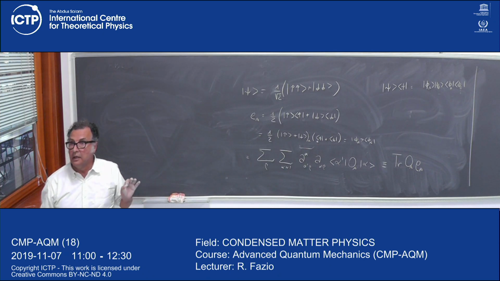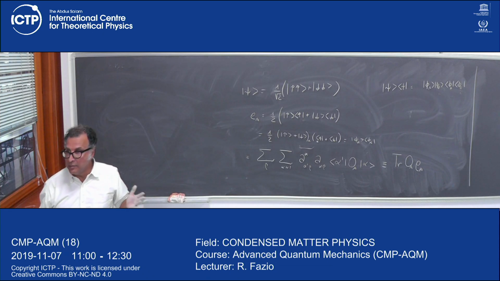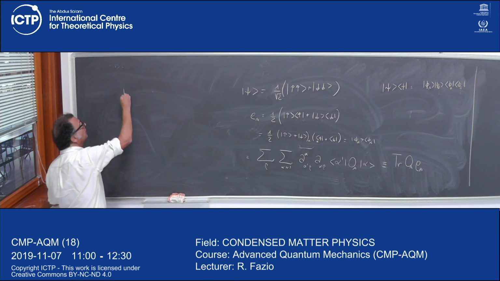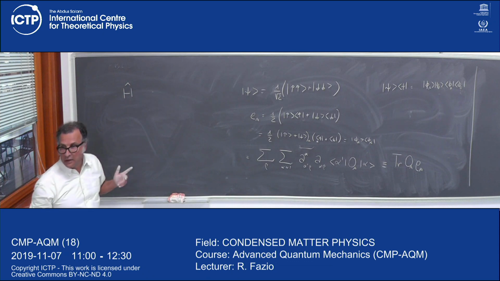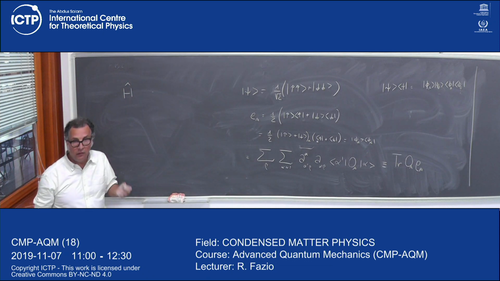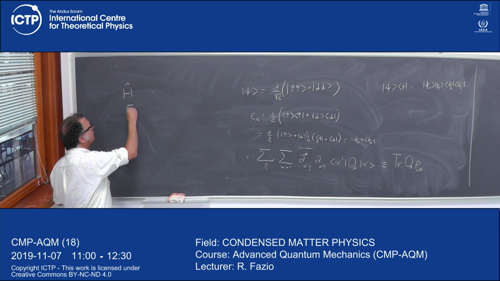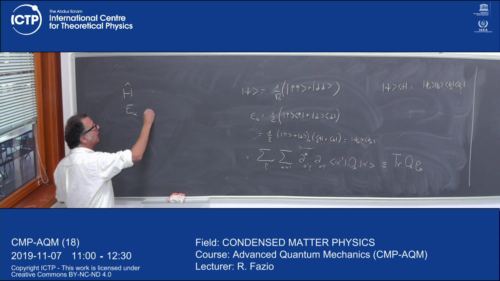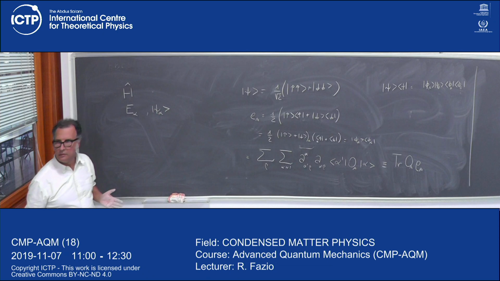A quantum system is characterized by a Hamiltonian, which I call H. This Hamiltonian has a set of eigenvalues and eigenstates that are E alpha and psi alpha.